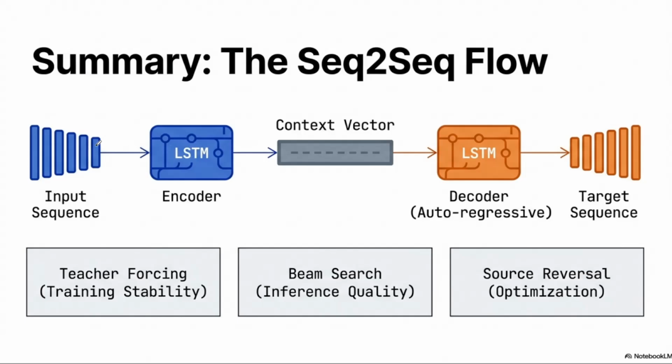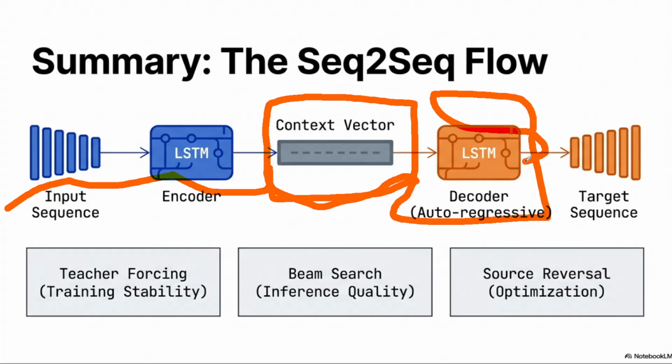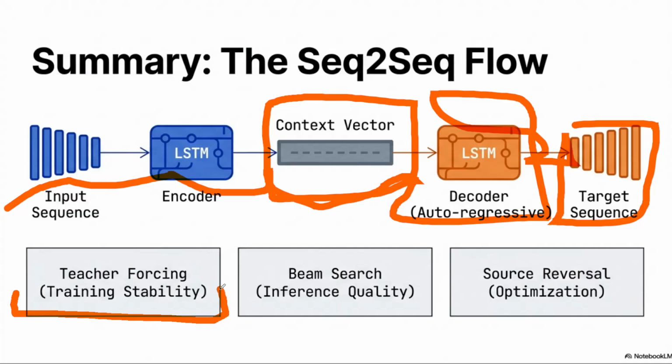So in summary, we have the input encoded, it spits out the context vector, which then passes through the decoder, and we get the output. We have the teacher forcing technique that always gives the correct next word to the LSTM cell to force the model to learn faster.